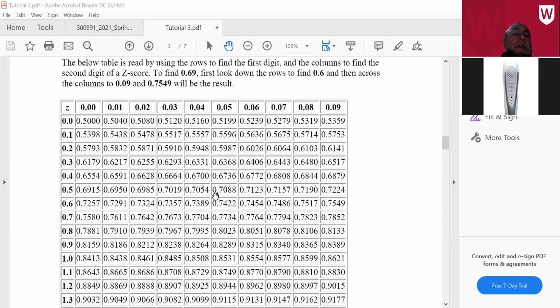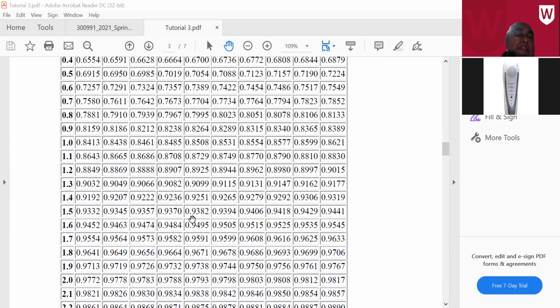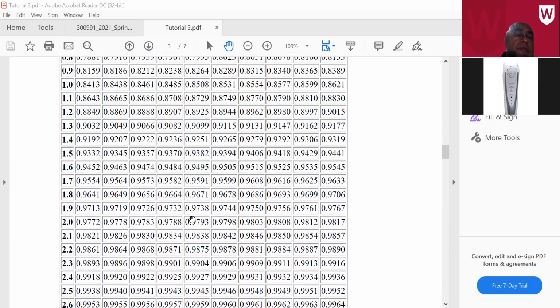These are the F values entered into the cells here. So to find the Z value when F is 0.99, we have to see where 0.99 happens in this table.